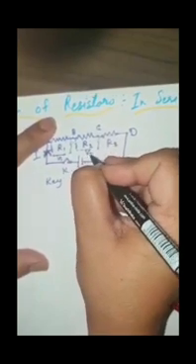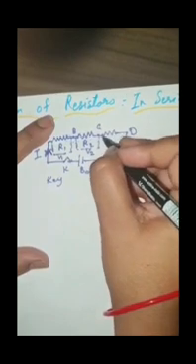See here, the potential difference between A and B is V1. The potential difference between B and C is denoted by V2.